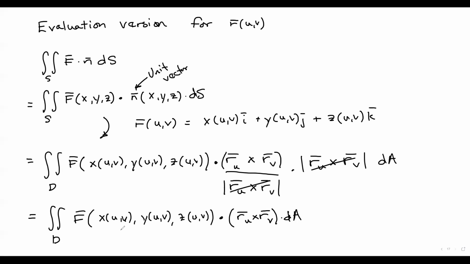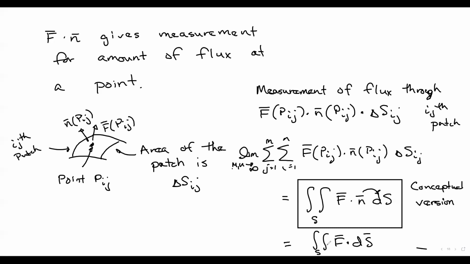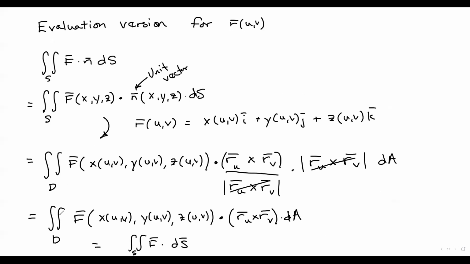There's one more thing I'm going to do here. I'm going to compare this with the shorthand format we had a second ago, F dot dS. You can see how this and this look kind of similar.